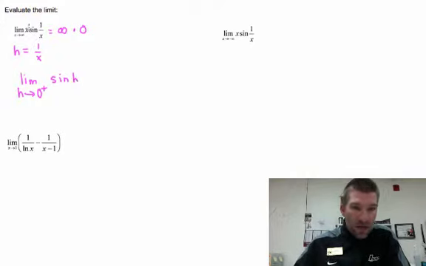Now, also though, I've got this x right here all by himself. So what I need to do is solve this equation for x. And the one way that you do that is you multiply both sides by x. So that gets me xh equals 1, and then divide both sides by h.